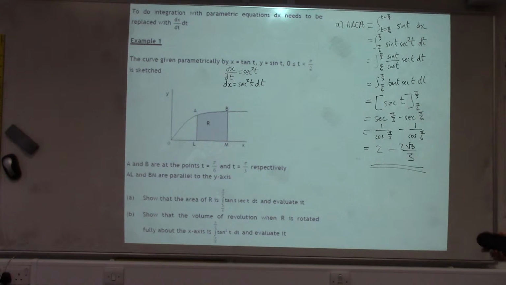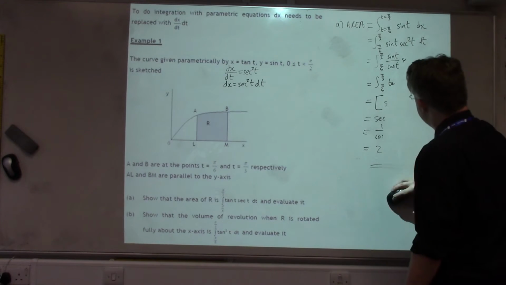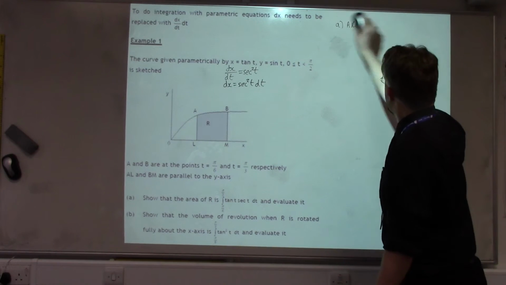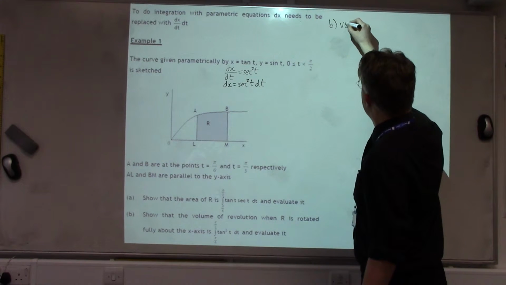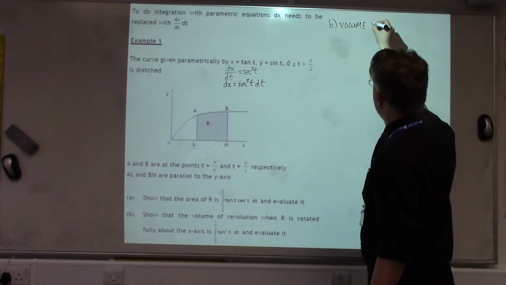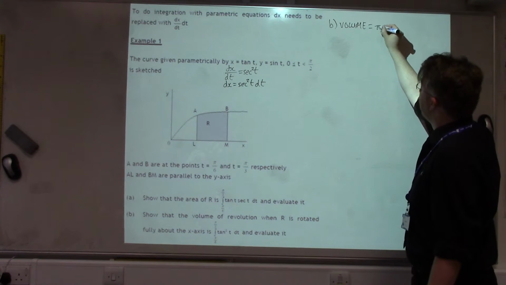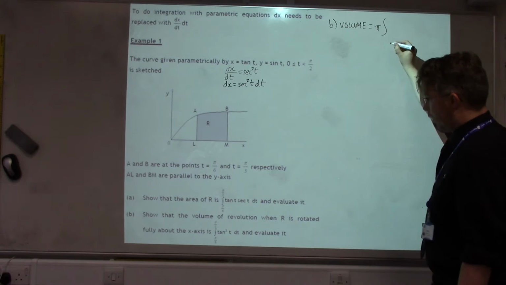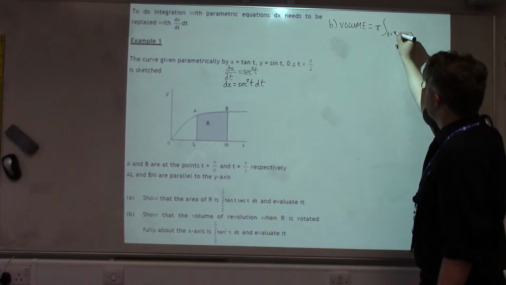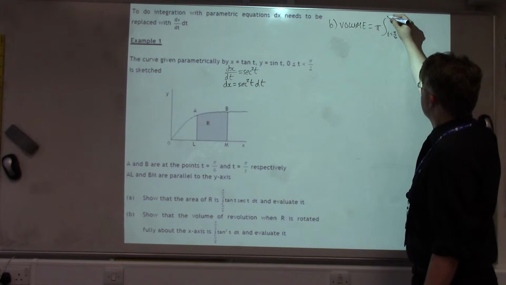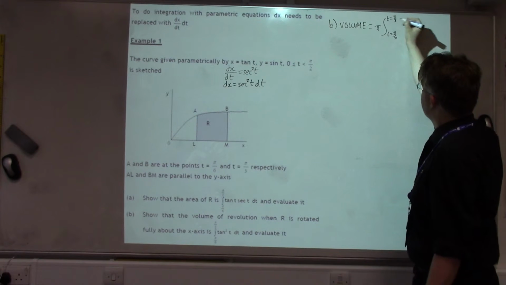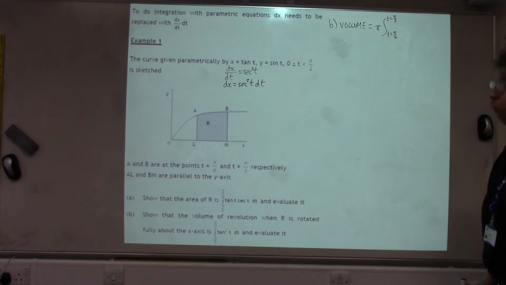Right, similar sort of idea for the volume. For the volume, it's pi times the integral, again with the same limits but in terms of t, of y squared.